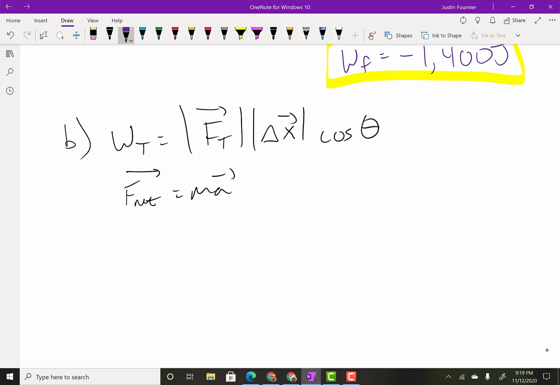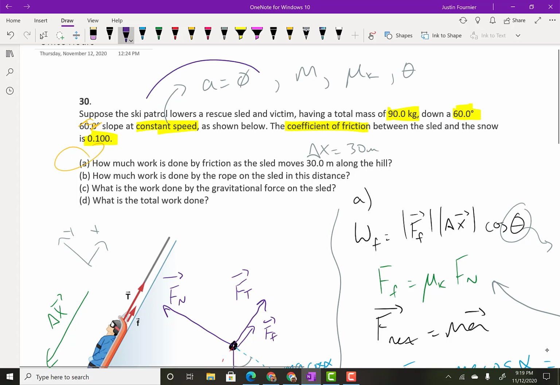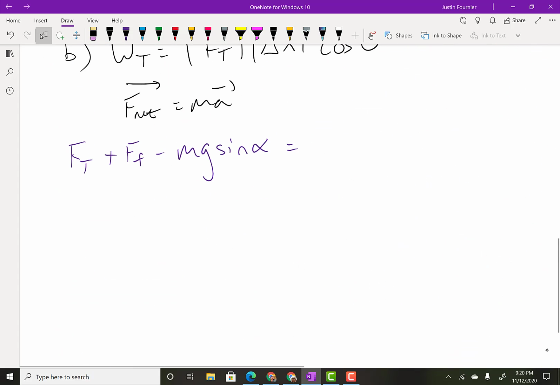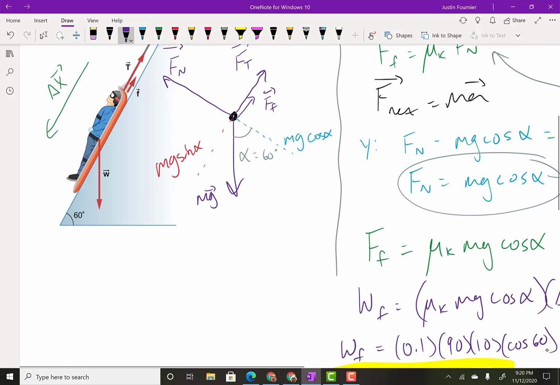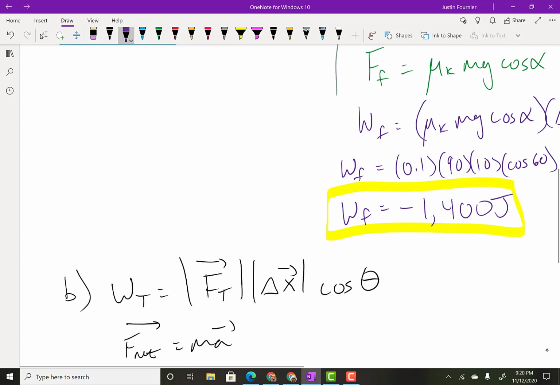So for F net, I'm going to say the tension force plus the friction force minus mg sine alpha equals, and then again, it's moving with a constant speed, so the acceleration has to be 0. So, all right, I'll say the acceleration is 0. So let's see. So friction force, I can just use what I had over here to find out what the friction force is.